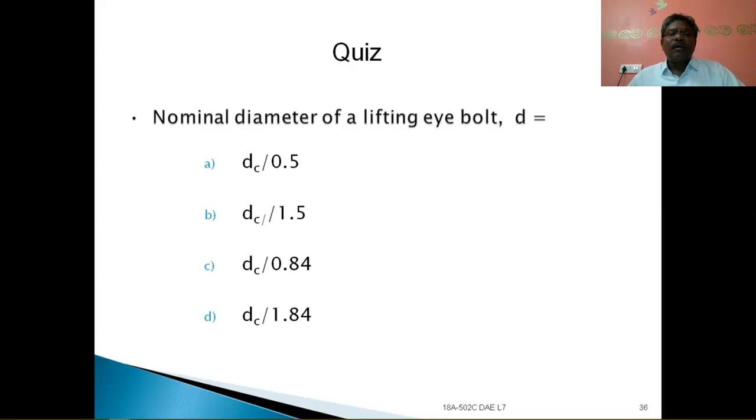So which is the right answer among these four? C is the right answer, DC by 0.84. Let us see. Okay, right? C is the right answer. D is equal to DC by 0.84.